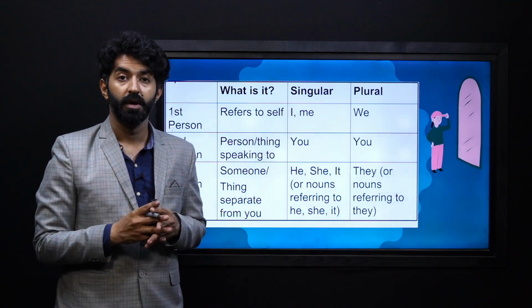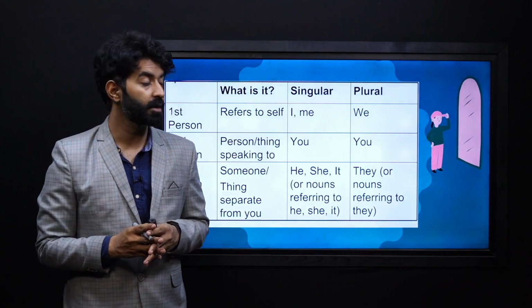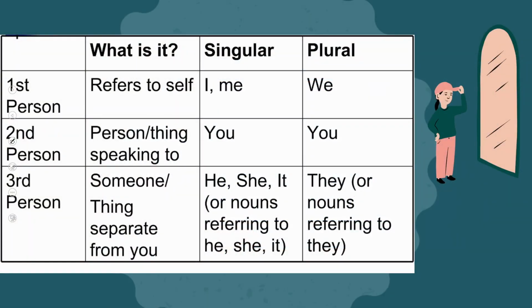Now, after understanding the rules for gender, let's see person. A first person refers to self. For example, these pronouns I and me are of the first person. It is referring to you. Its plural will be we.